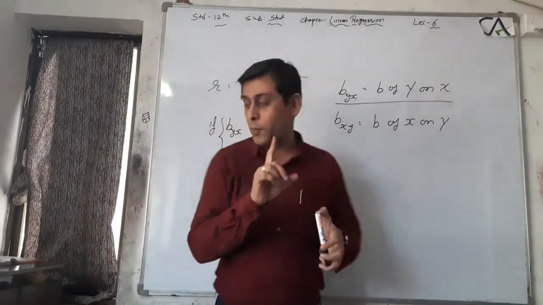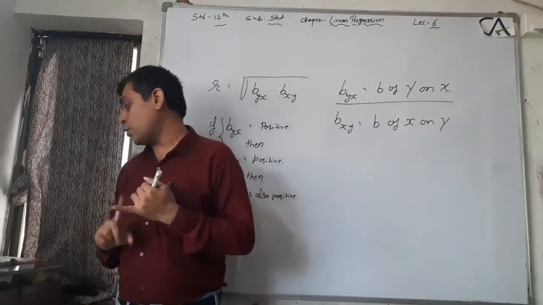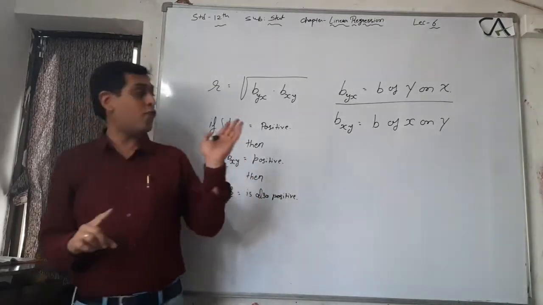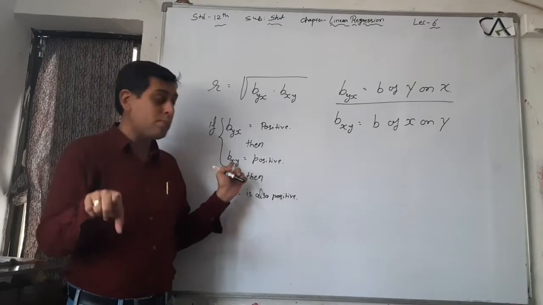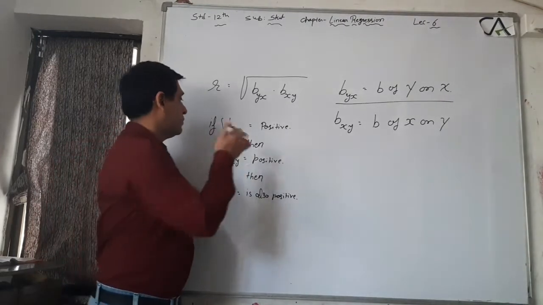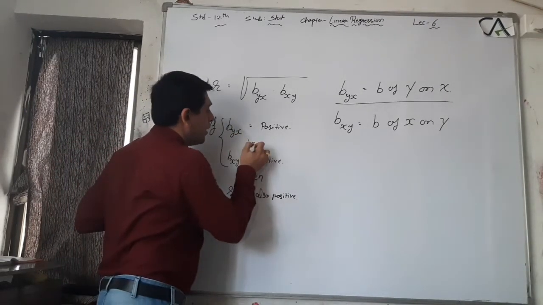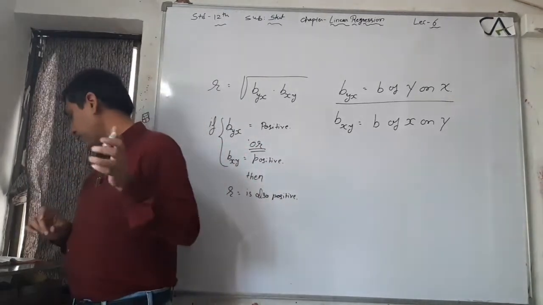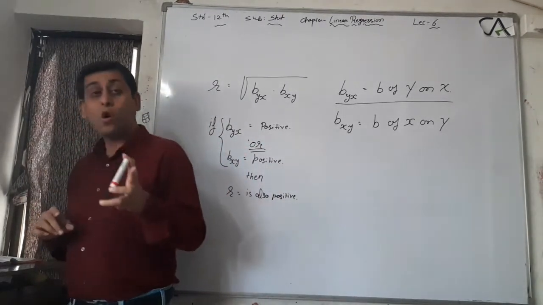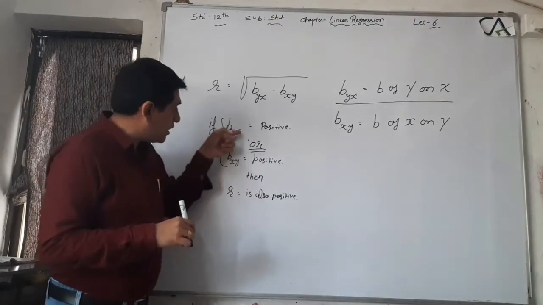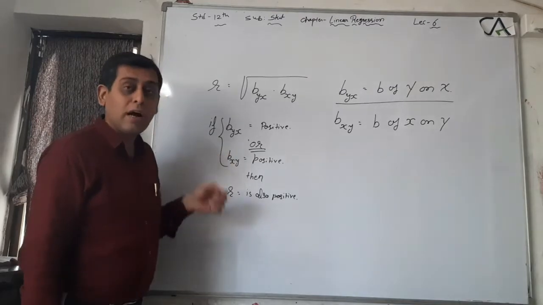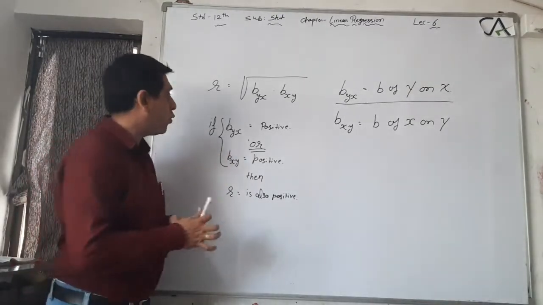This is the first property: correlation coefficient, that is R, and regression coefficient, that is Byx or Bxy, are either both positive or both negative. Why?